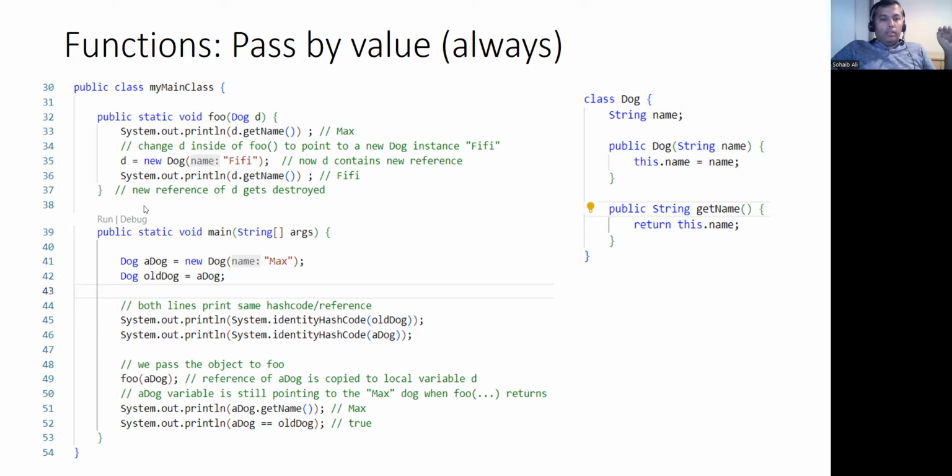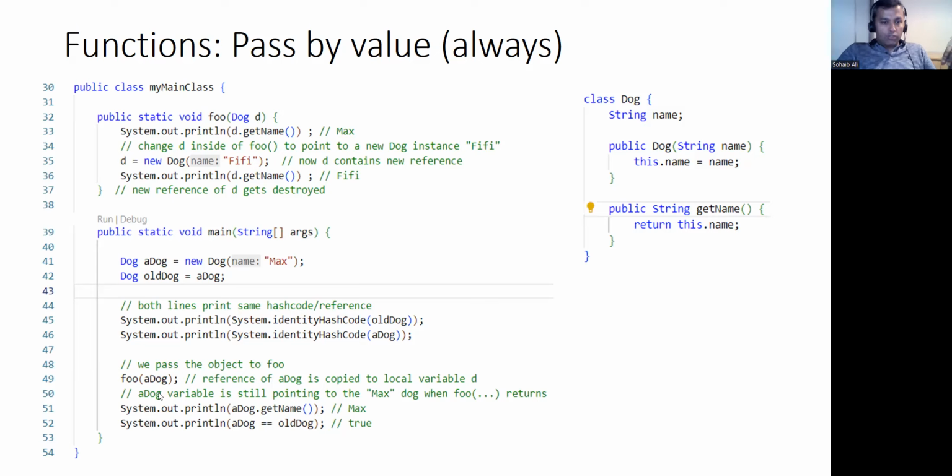Now this reference being destroyed doesn't mean that the original Max object is destroyed from the heap. What this simply means is that we have copied that reference to this local variable, and this local variable is now destroyed.